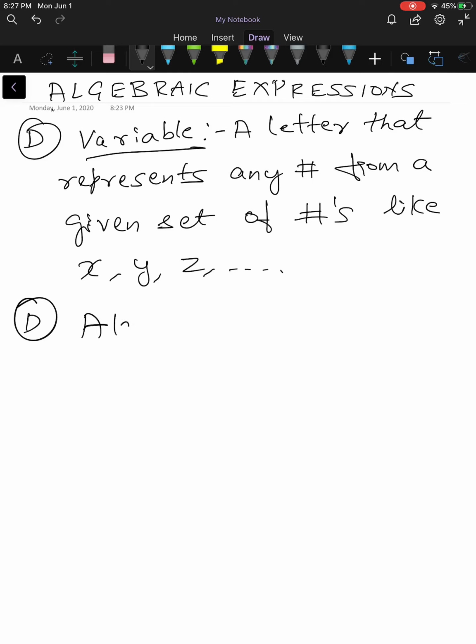Next, I shall define what is an algebraic expression.